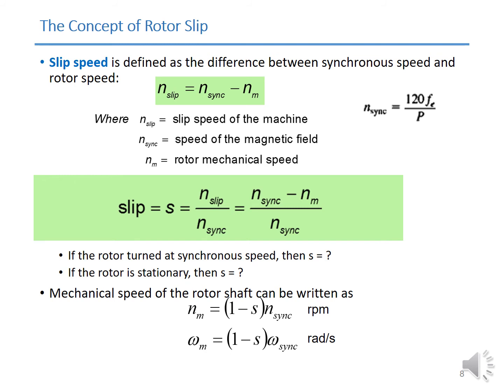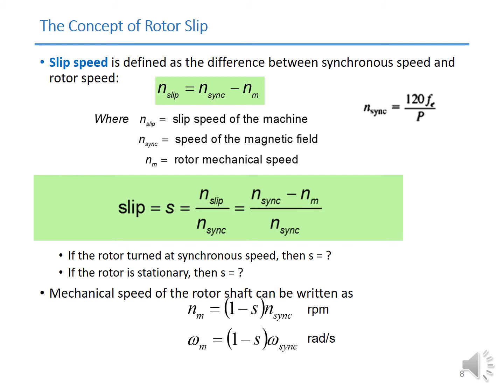So the answers to these two questions give us the range that we can have for the value of S, which is from 0 to 1, okay? And again, S is 0 when the speed is equal to n sync, while S is equal to 1 when the rotor or the motor is stationary.